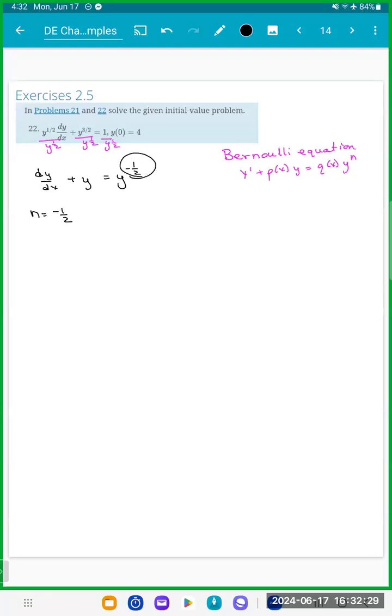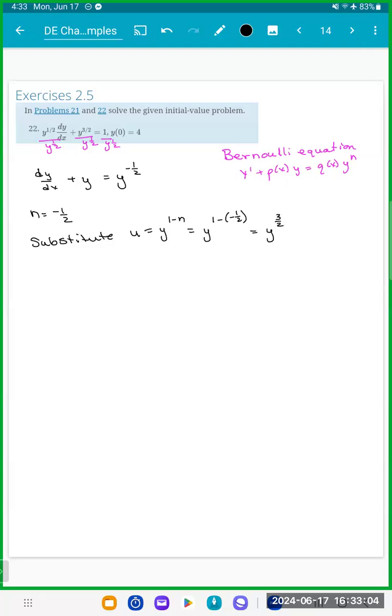Okay, that's our n is negative 1/2. And so when we go through this, our substitution, substitute u is equal to y to the 1 minus n, which equals y to the 1 minus negative 1/2, which is y to the 3/2.